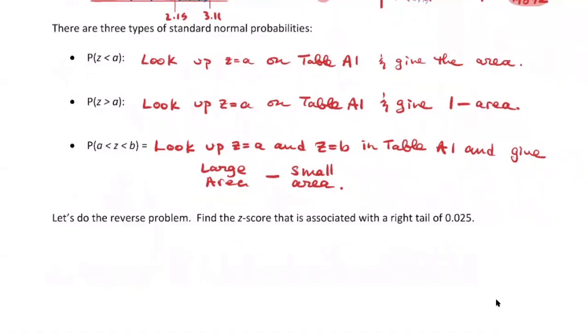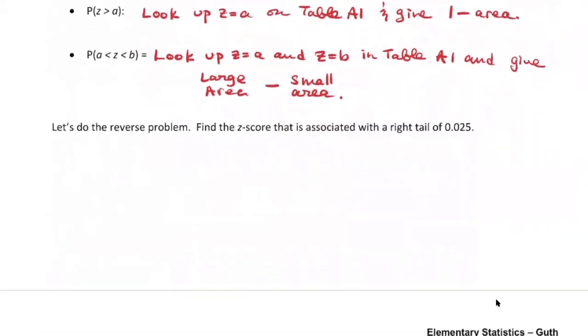Okay, now it says let's do the reverse problem. Find the z-score that's associated with a right tail of 0.025. It says the right tail is 0.025. Now our table only gives areas to the left, so we need the area to the left.